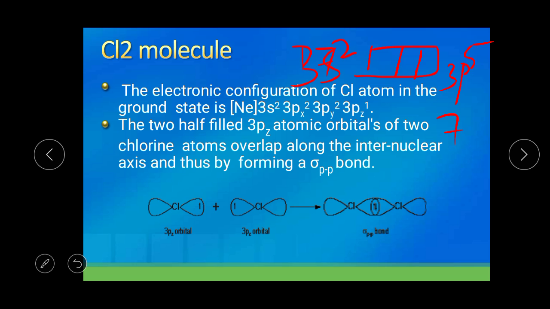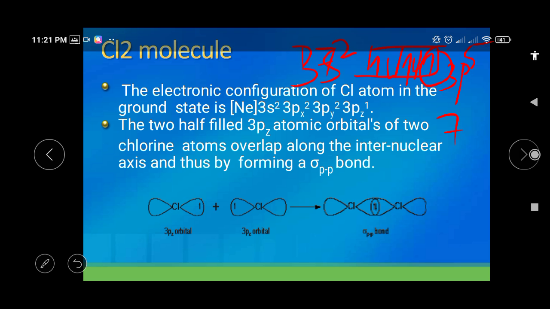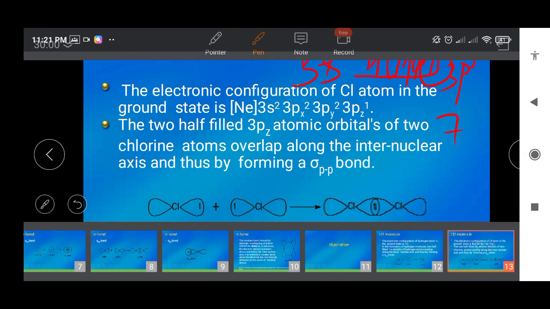If we check the p orbitals, first we have to consider Hund's rule, the Pauli exclusion principle and so on. So the electrons will first be half filled, then the pairing will occur. The p subshell has 5 electrons, so 3 electrons are already occupied, then 4, 5. So the single electron will be in one p orbital.